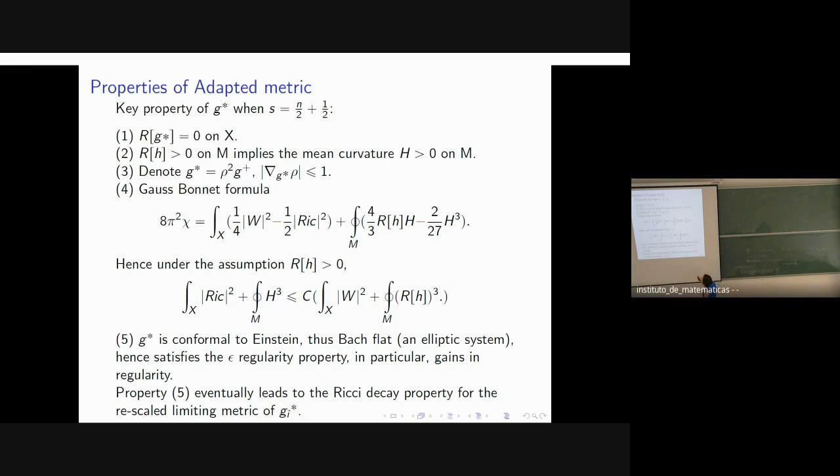But if I examine carefully the boundary term, in this case, it is scalar curvature of H times the mean curvature and minus the mean curvature Q. It's a precise constant, not important, but the sign is important. So what does that say?